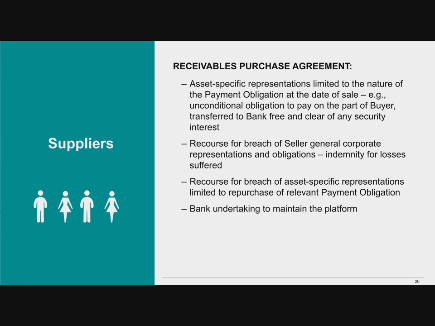If, for example, to take an extreme example, let's say that the supplier warranted that the particular receivable was owed by company A when in fact it was owed by company B, then clearly, that's a breach of rep and warranty and should lead to buyback. General corporate reps, on the other hand, in my view, should not lead to a buyback, but should lead more to an indemnity for losses suffered.